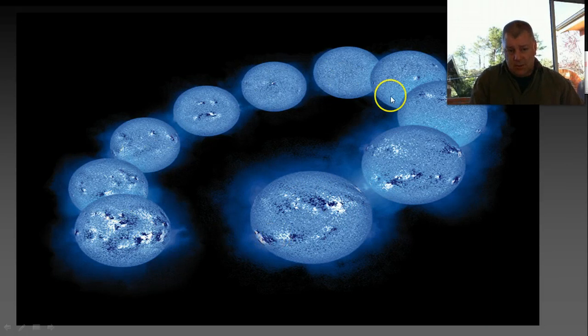This is a time lapse showing the variation in sunspot activity. Some people use the regularity of sunspots for all sorts of things, and some people actually postulate that sunspot activity has had a major role in the Earth's climate.